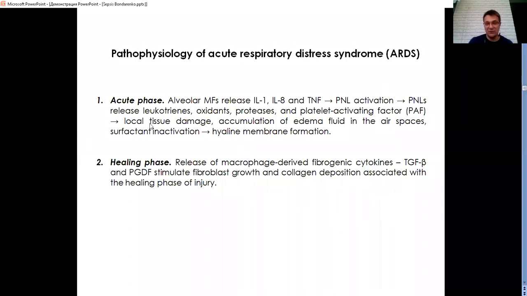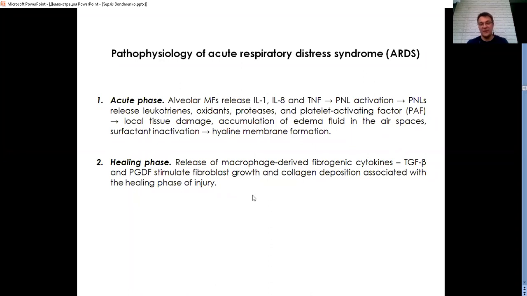Then the release of secondary mediators, local tissue damage, accumulation of edema fluid, and development of hyaline membrane. And after that, if the patient survived, if you helped him with the intubation, with the oxygenation, with the respiratory support, with the ventilation of lungs, we may see the development of healing phase.